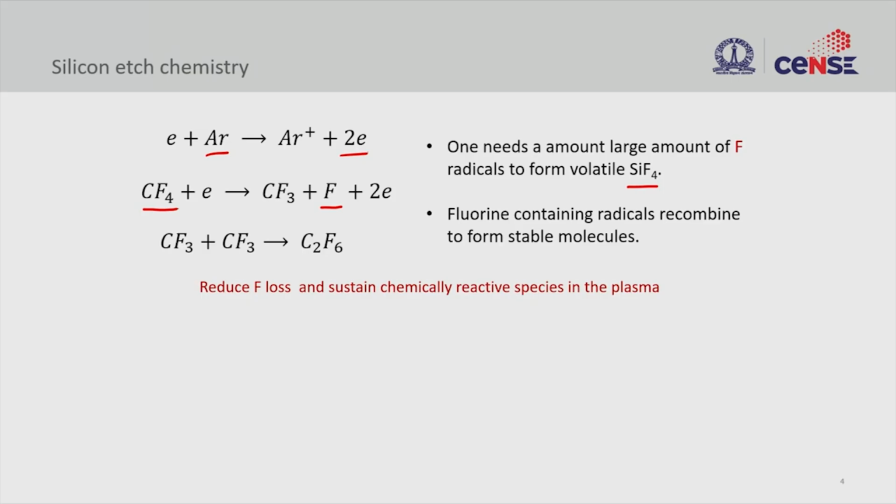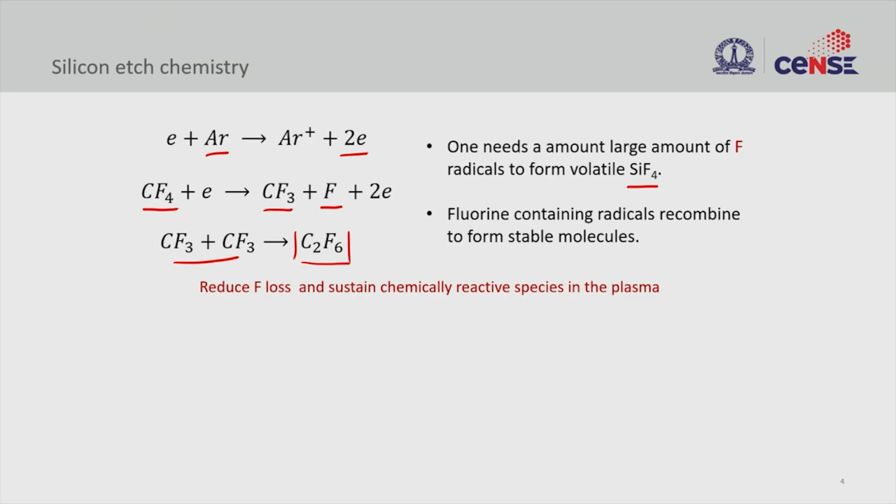One of the downsides in this reaction is the following. You want to create a large number of fluorine radicals, but if you look at CF3, which is a radical, they can combine and make hexafluoroethane, C2F6. Now you are losing fluorine, and this compound is stable, so you don't want this reverse reaction.